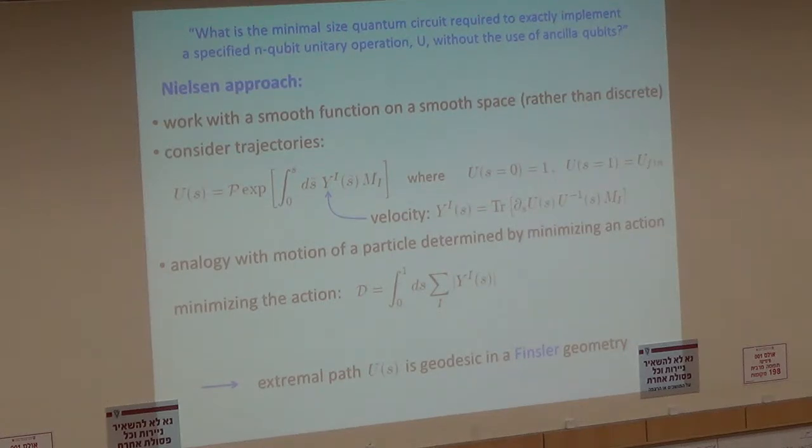It's going from a definite starting point to a definite ending point. And so Mike had the intuition that I can think of this as the motion of a particle, and that minimizing means I'm minimizing a cost function, but I can think of it as the old, familiar problem in physics of minimizing an action.